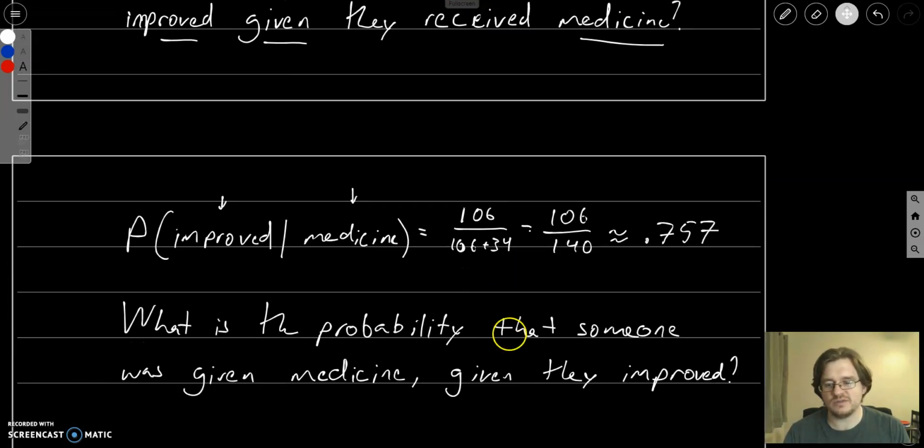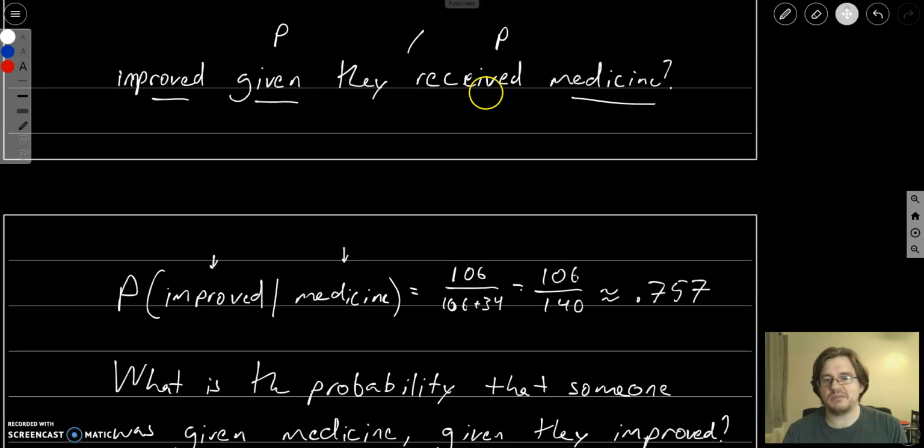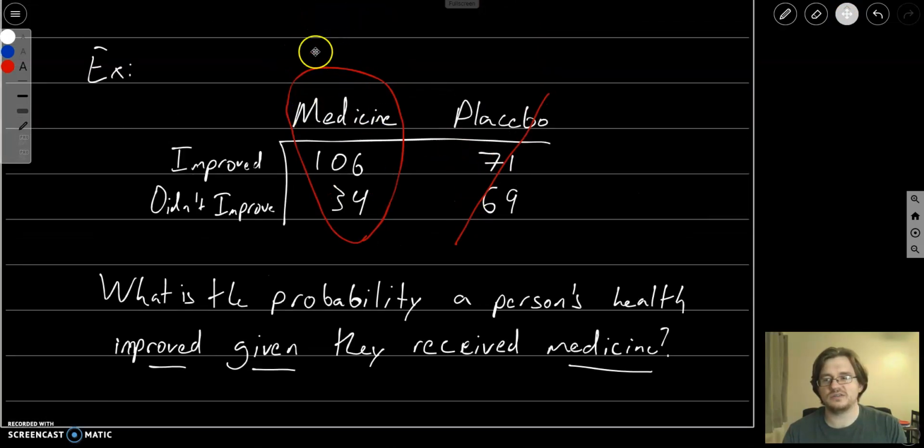We can also do this in reverse. We could say, what is the probability that someone was given medicine given that they improved? As in, what's the probability that someone received medicine given that they improved? So now if we come back to our little chart here, we are told that someone improved.